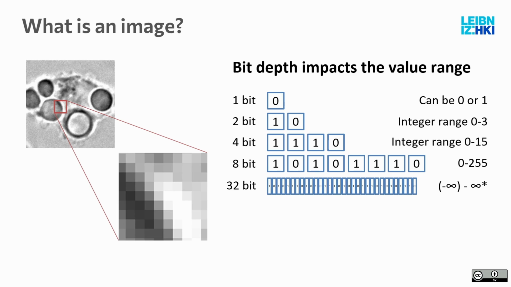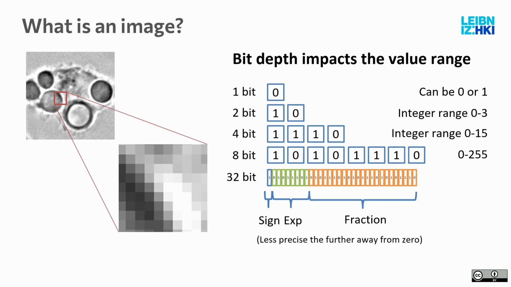So this is a 32-bit image where these individual bits are split up in a very specific way, where the first one is called a sign, and then you have an exponent and then a fraction. This is the IEEE standard of representing floating point numbers. You can look it up on Wikipedia, how it works and why it exactly is like that.